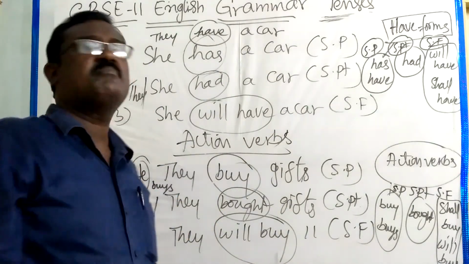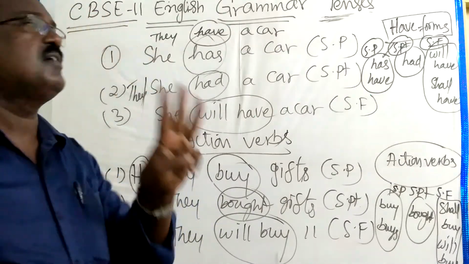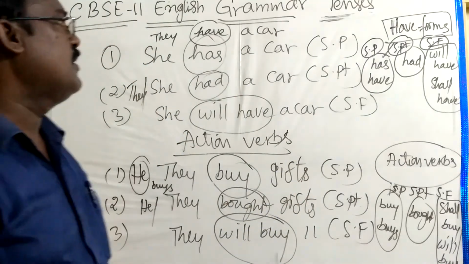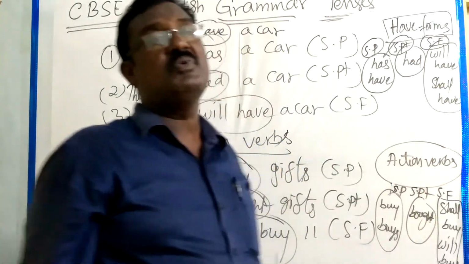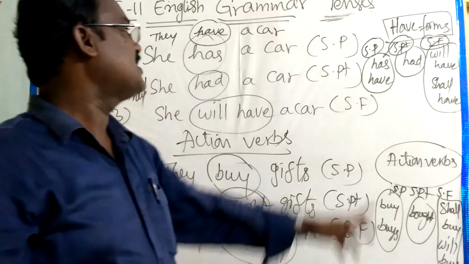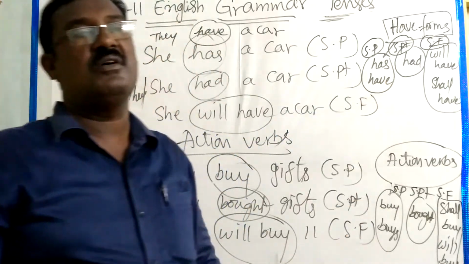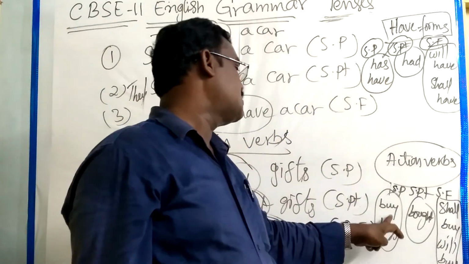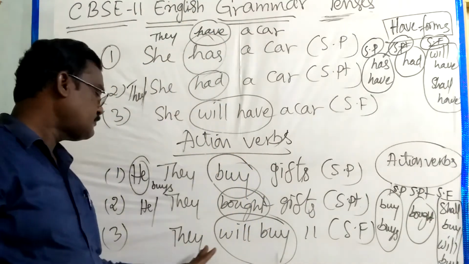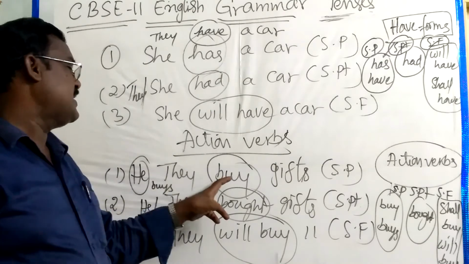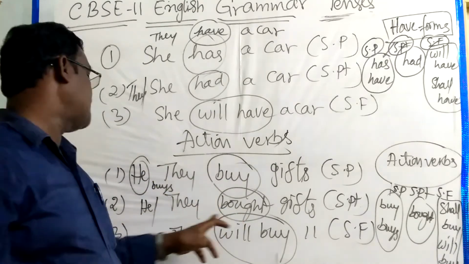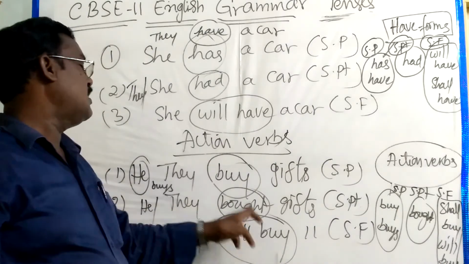So every verb in the English language is divided into three forms: simple present, simple past, past participle, you know. But what I wrote here is simple future. Simple future is simply you keep will or shall before the plural verb: shall buy, will buy. Now this is present tense, singular is there. Past tense, no difference whether it is singular or plural, one verb.